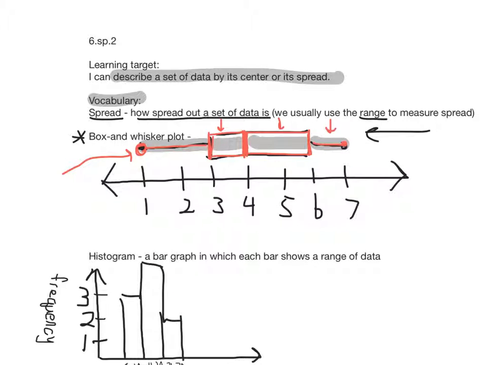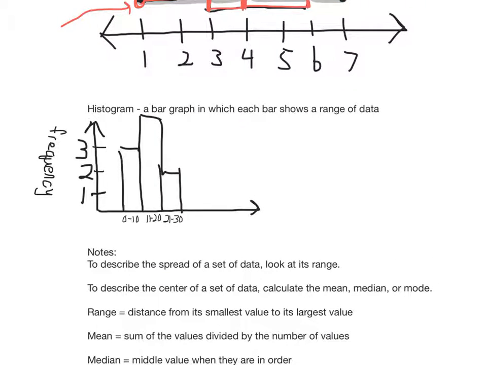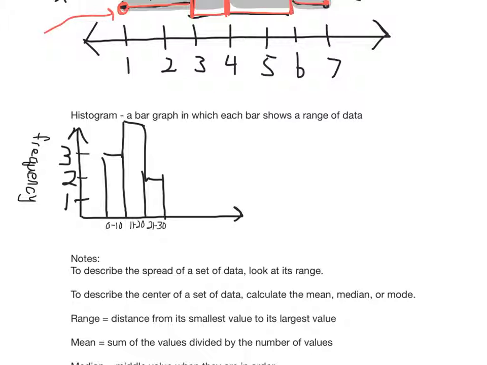Anyway, you can see a lot about data just by looking at a box and whisker plot. Next, histogram. A histogram looks like a bar graph, except that each bar doesn't represent just a certain thing. It represents a range.